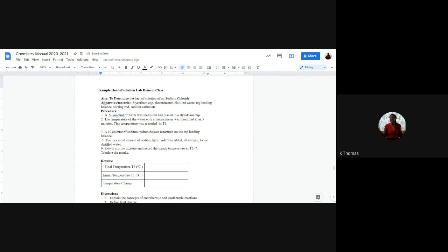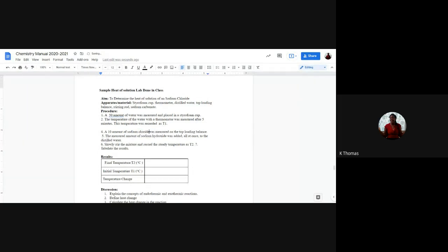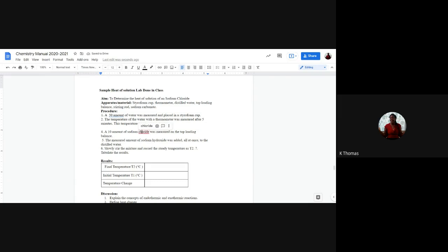Be sure to change the solid in the lab manual to fit the video or whatever you're using. Because we're using sodium chloride, I ensure that I change the name to sodium chloride, because that's what I am measuring. Good. And I just fix up my method and double check my method.